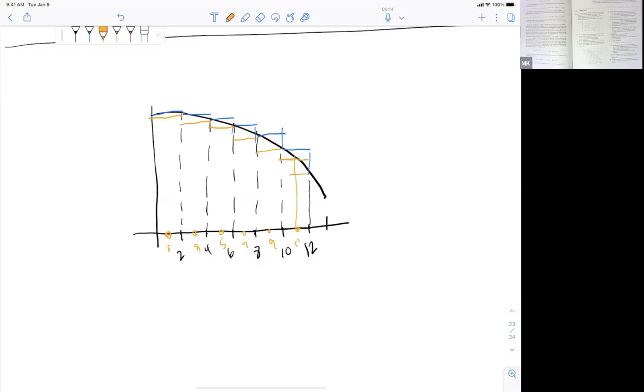So here you're going to flatten it at that level, here at that level, here at that level, here at that level. Midpoint, of course, you're going to see later, is the best approximation among the 3.